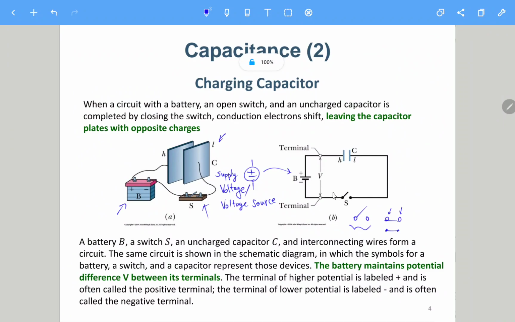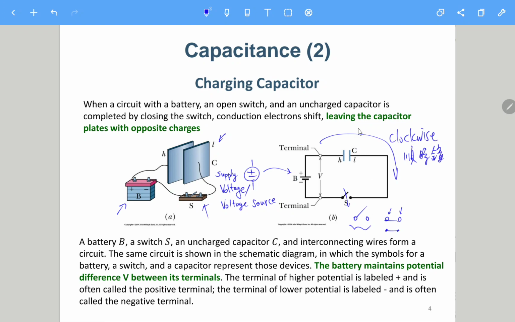Initially there is no charge on the capacitor, and then if we switch it on, there will be current. The current direction will be like this, called clockwise, 顺时钟.